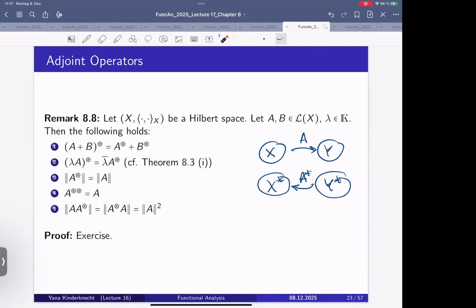And we may apply definition 8.1 for this new situation. Hence, we have the topological dual of X star, the topological dual of Y star, and then here acts A star star, so two stars. Now my question is, where should I put the arrow? Here or here?